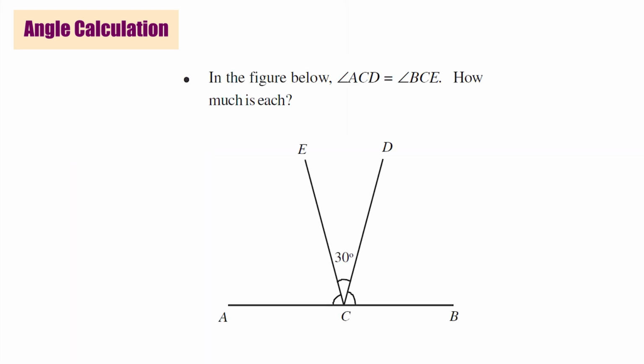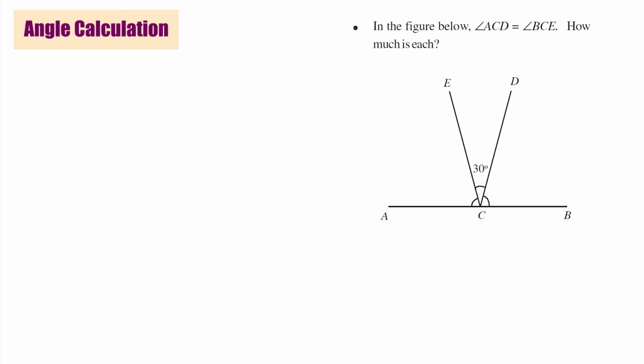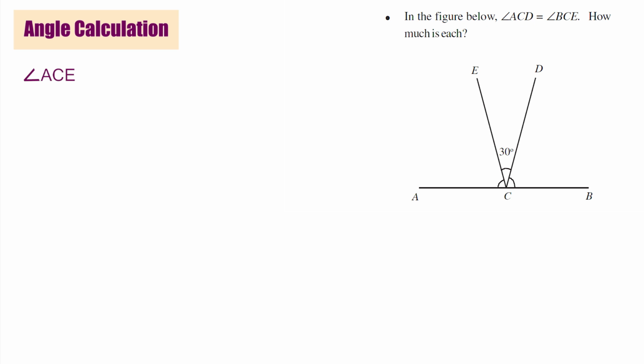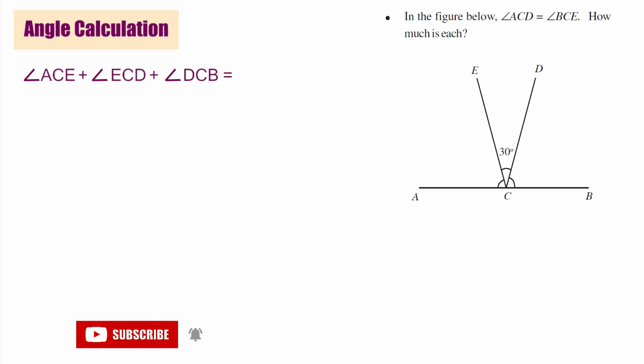Last question. In the figure below, angle ACD equals angle BCE. How much is each? From this figure, we can write angle ACE plus angle ECD plus angle DCB equals 180 degrees.